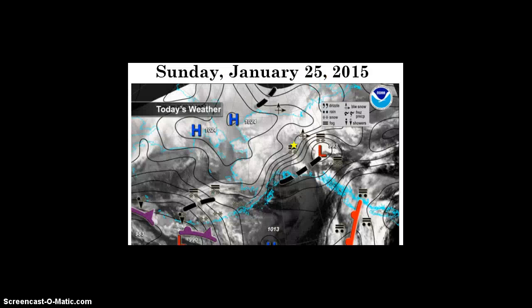On January 25th, Eagle, Alaska, was in a low system, and if you could remember, the temperatures were at the average at -4 degrees, and as you can see, there's fog and clouds.